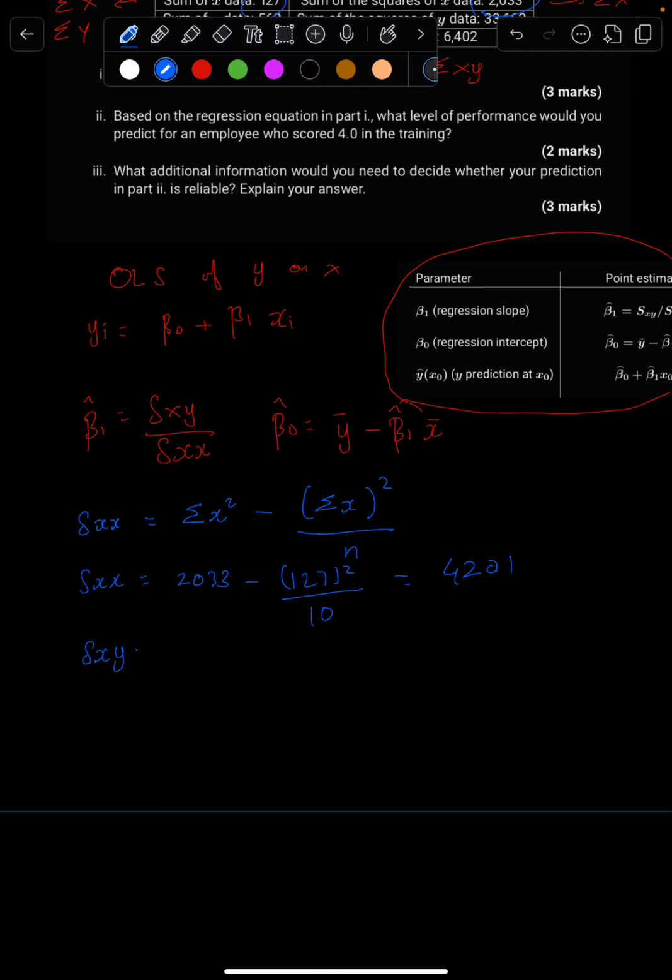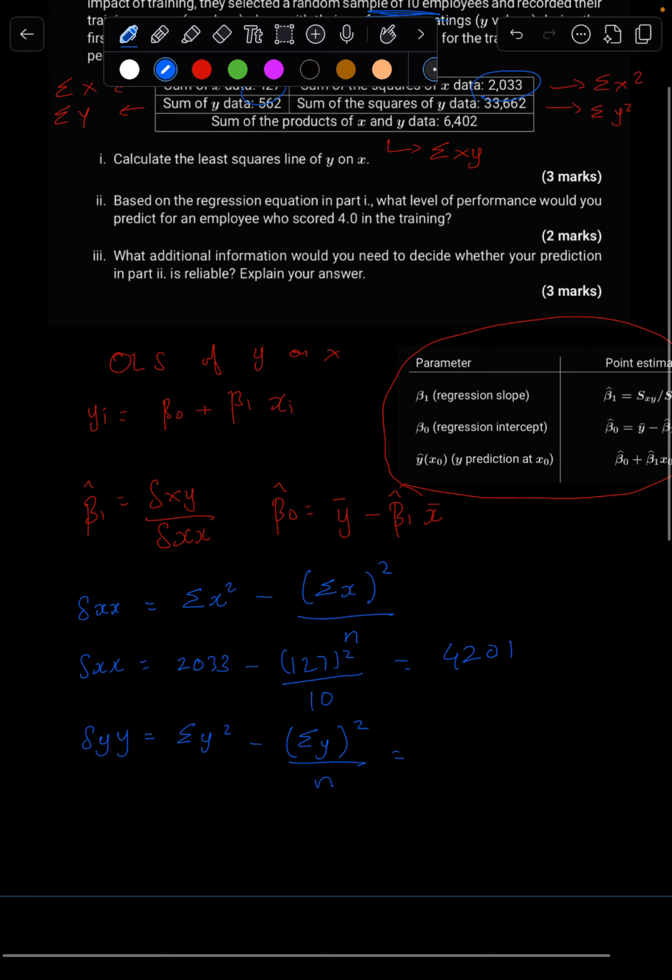Now let's calculate the sxy. Okay, actually let's do the syy first. The syy is just going to be y squared minus y whole squared divided by n. So you can plug in the values.